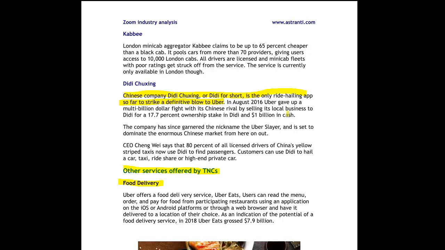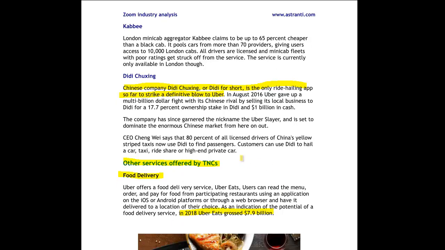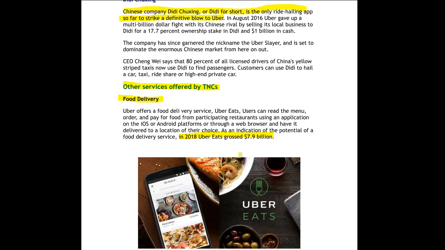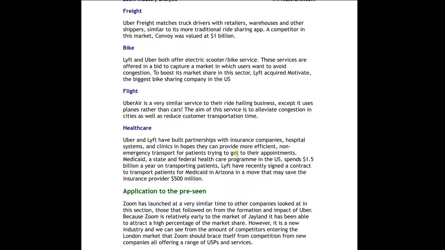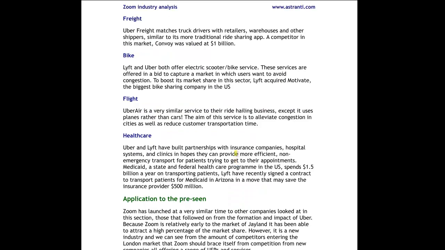Just to show you what a huge industry this is, in 2018, Uber Eats grossed $7.9 billion, and that is a figure that is expected to grow as well.